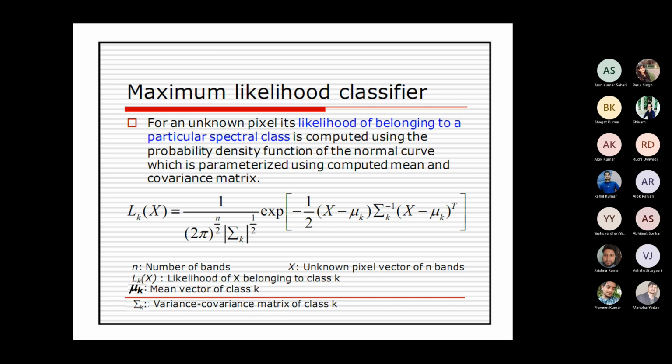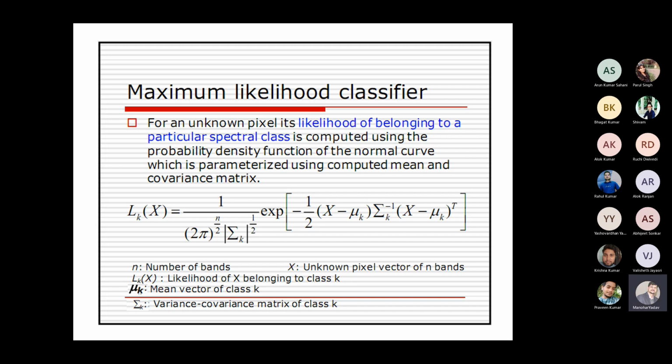So this likelihood function is calculated and you will get a magnitude that tells us the likelihood of the unknown pixel x belonging to class k.